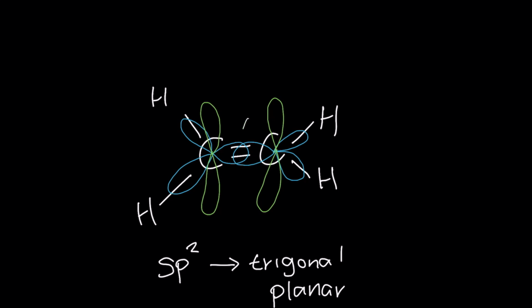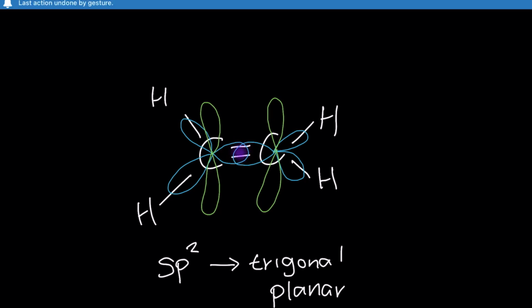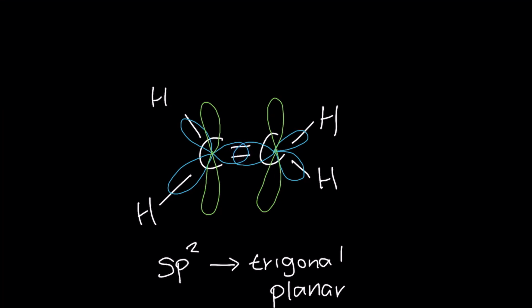So this overlap right here between the two carbon orbitals, that is a sigma bond. But now, because we have the two p orbitals, we have a pi bond. So alkenes have a pi bond and a sigma bond.